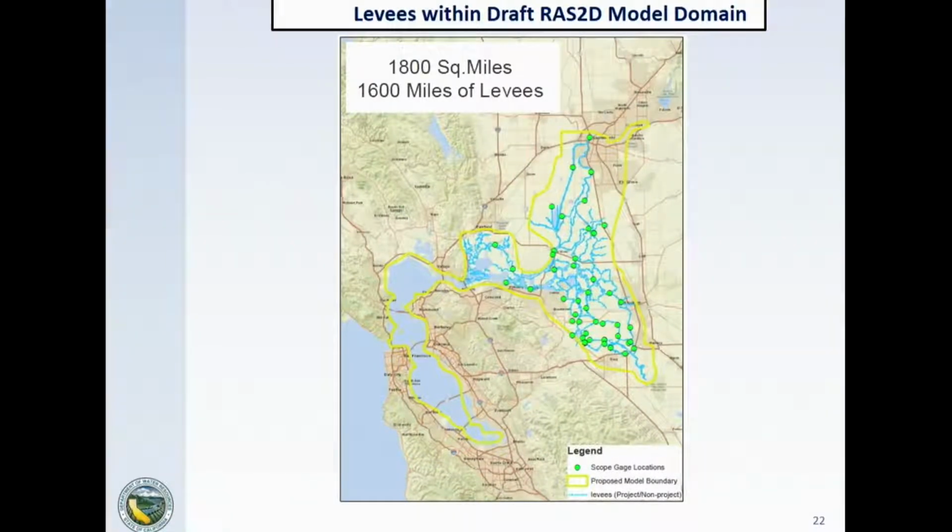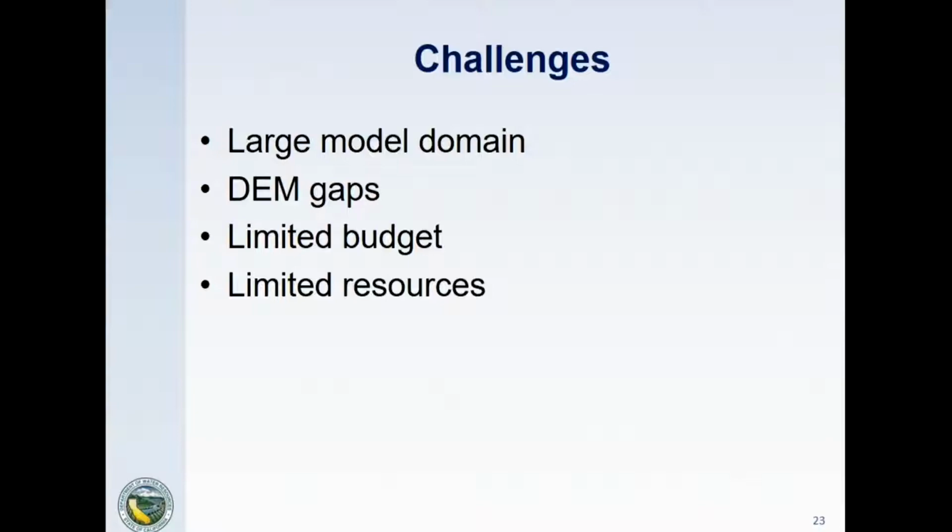So what we are talking about is 1,800 square miles of basin area and 1,600 miles of levees. Now it's going to be a huge task with so many challenges: a big domain, how to fill the gaps, and a limited budget and resources.